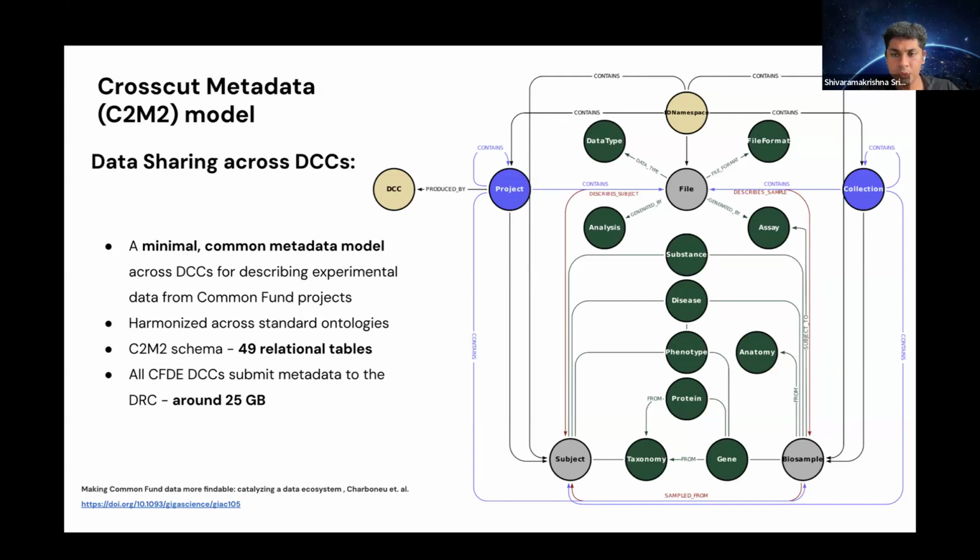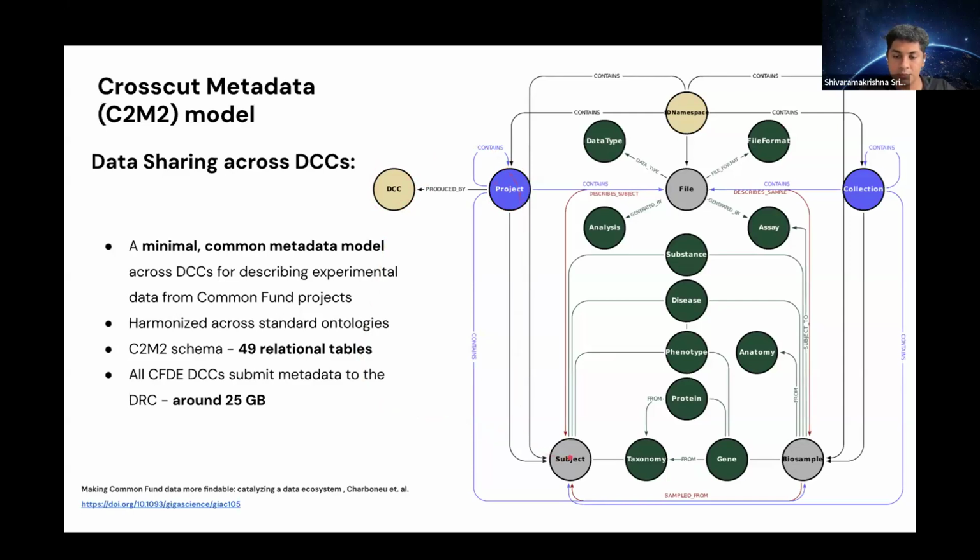So to also provide a short explanation of how intricately the C2M2 schema is constructed, I want to talk about how DCCs typically tend to organize their studies into projects, and how projects are associated with subjects.